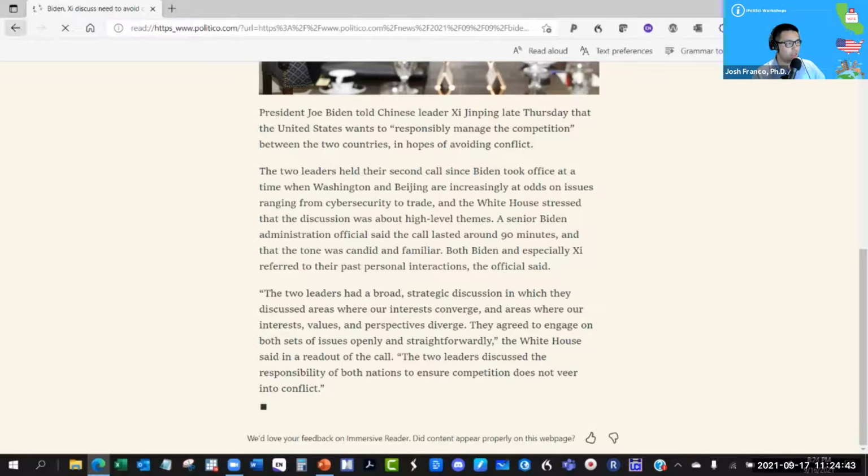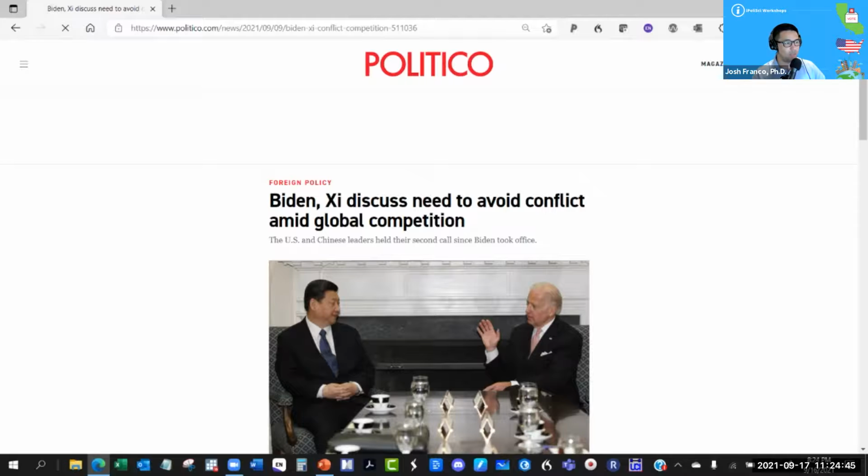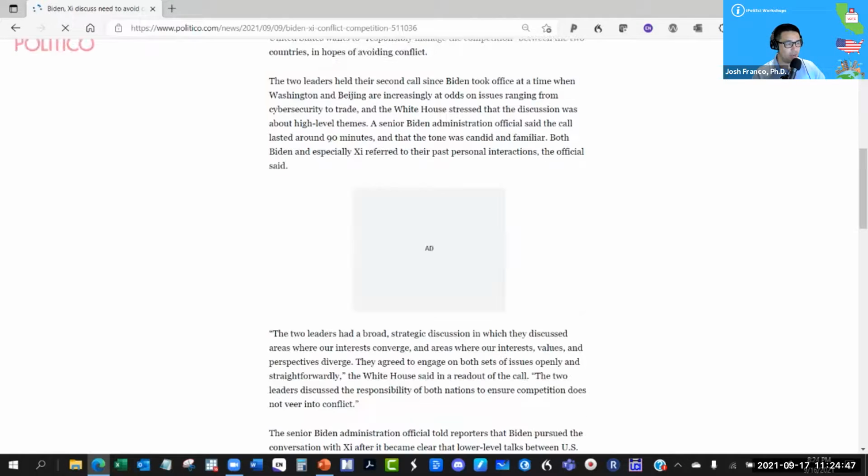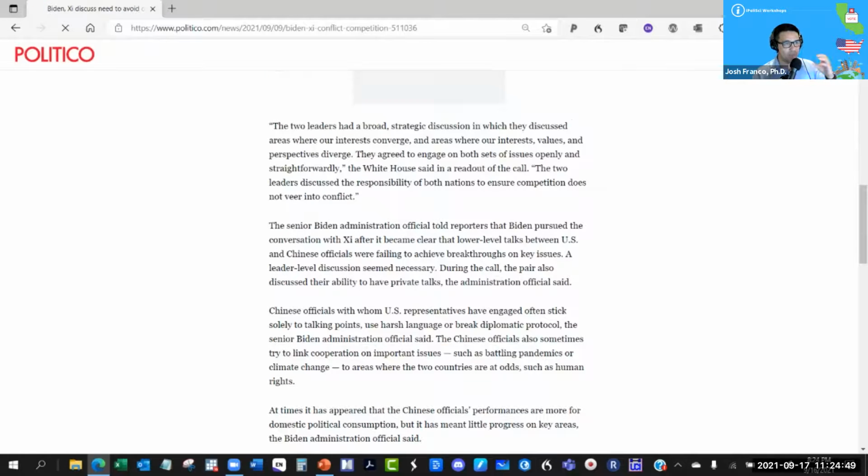And so this is a rather significant development because what had been happening since Biden has taken office is that there have been staff level conversations on a range of issues, and it just didn't seem to be moving the way that the president was expecting. And so at that point, we've got to have a leader to leader conversation.